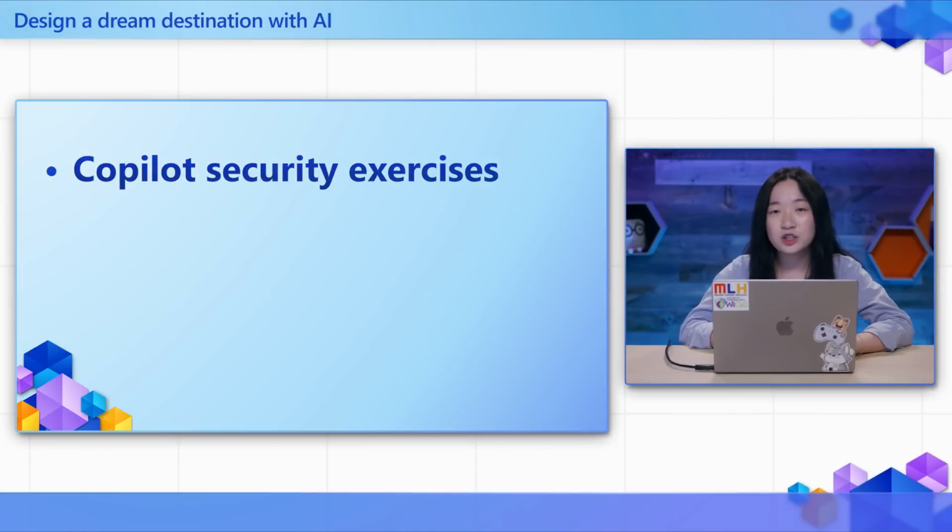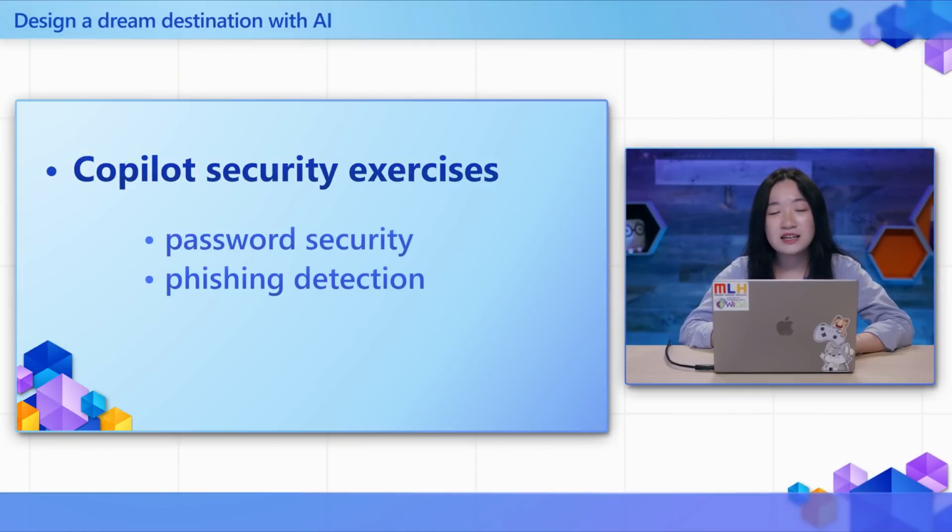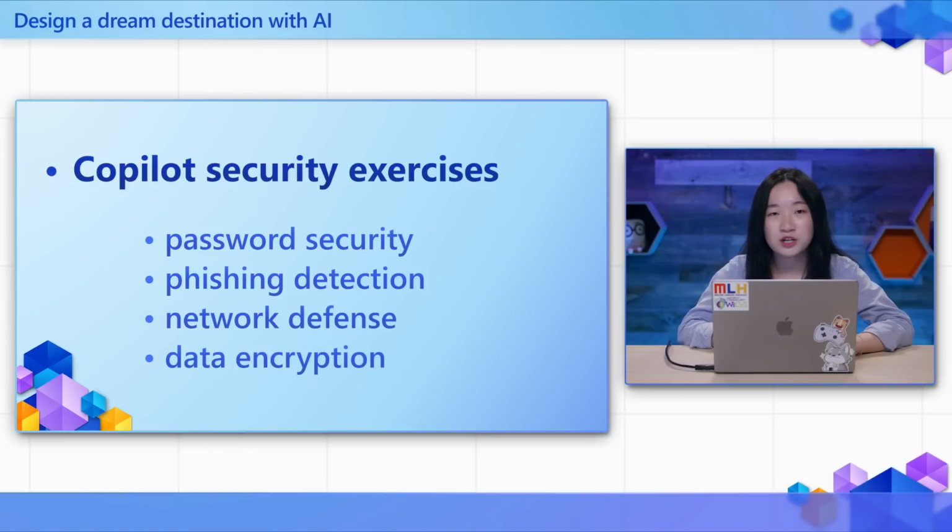Through Copilot, you can dive into concepts like password security, phishing detection, network defense, and data encryption, all while having fun. One of the best ways to learn is through hands-on experience, and Copilot makes that possible. What's even more exciting is that Copilot lets you create your own cybersecurity-themed puzzles and games. So let's walk through a few examples.